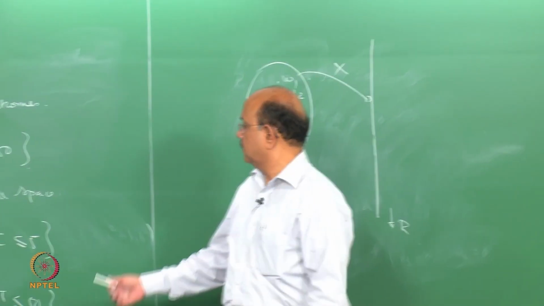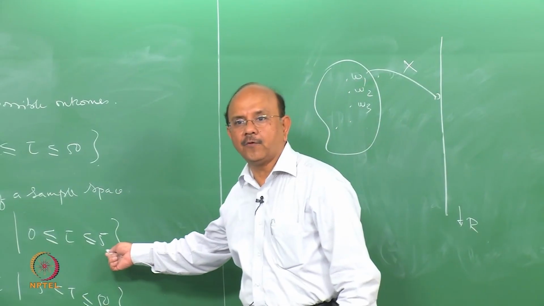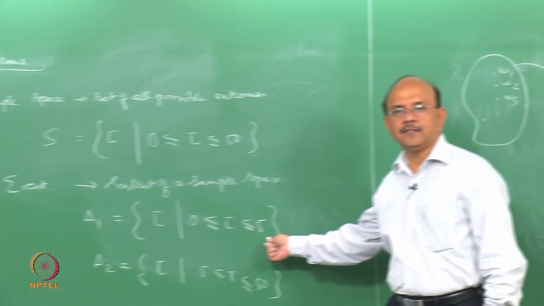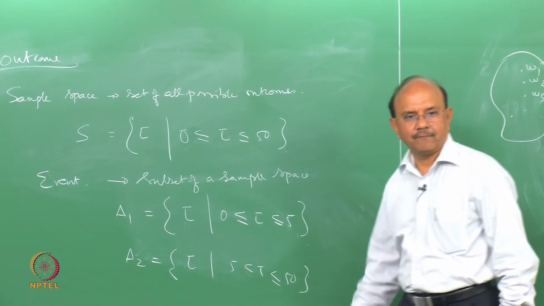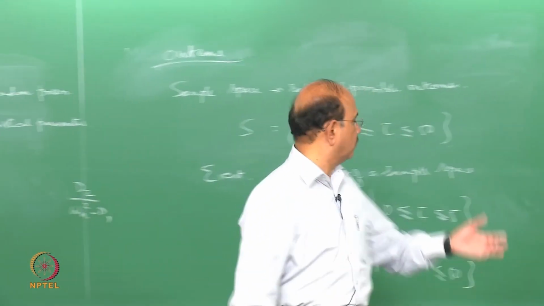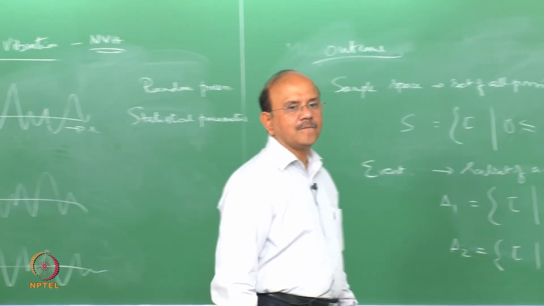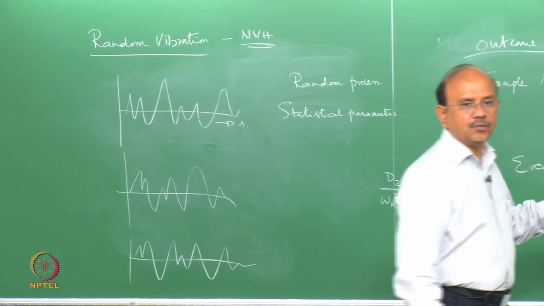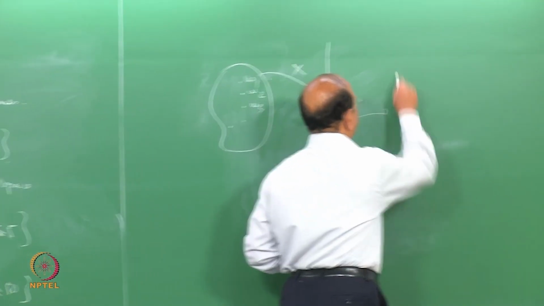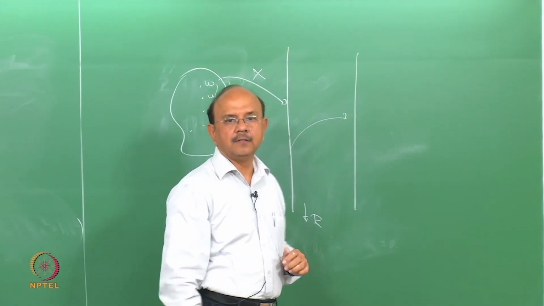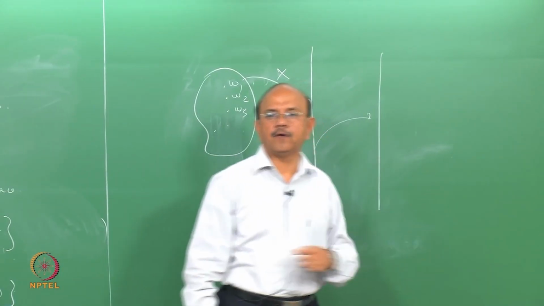So I can say that the probability of this event happening is 0.5 and this event happening is 0.5. So the total probability of course is equal to 1. Clear? So the random variable is that function, and then from here I can map it to a probability through a probability function.